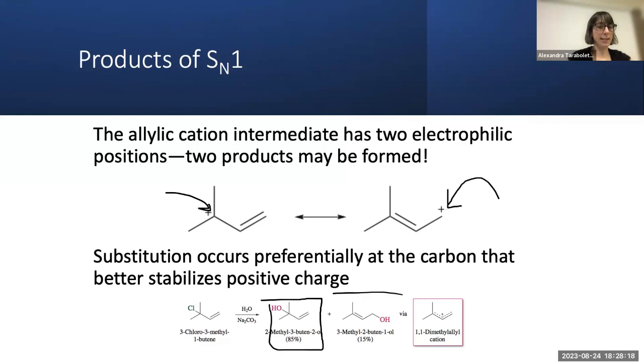Notice, as I stated, both products occur, but which one occurs in majority? The first one, right? The one that you guys already pointed out on the left, because that's the more stable scenario. And in this slide, they've listed the actual percents of each of these they got, and it's definitely skewed heavily towards the one on the left, right? 85% versus 15%, yes.